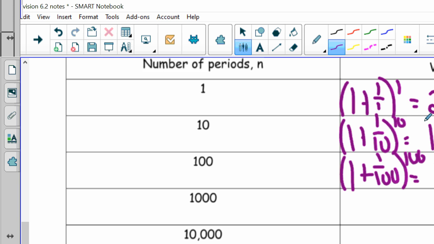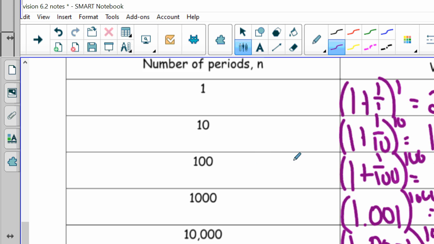So 1 divided by 1,000 is 0.001. So this is 1.001 to the 1,000th power. When we do that, we get 2.716933932.